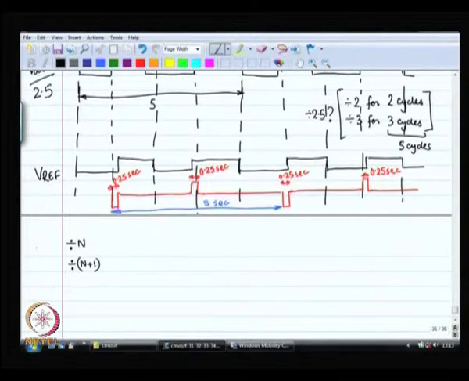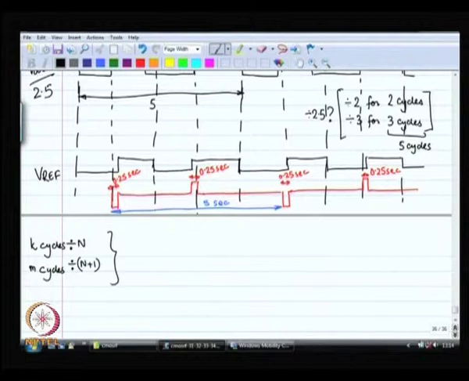Let us call them k cycles and m cycles. So, for k cycles I am going to divide by capital N, for m subsequent cycles I am going to divide by capital N plus 1. It is feasible to do this with digital circuits, right.